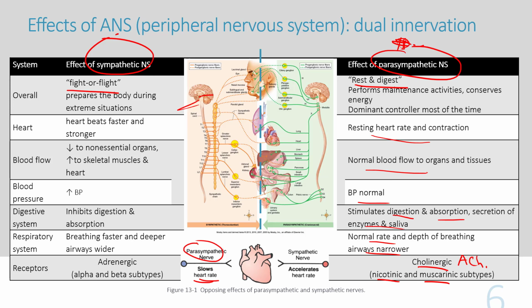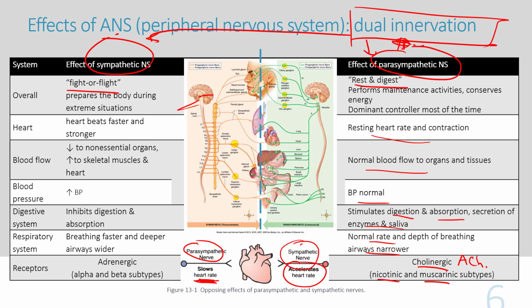The heart is one of the many organs in the body that have what's called dual innervation, which means it has inputs from both the parasympathetic as well as the sympathetic nervous system. So again, parasympathetic nervous system, normal resting heart rate, and when you need to run away from the bear or what have you, the sympathetic nervous system kicks in and it speeds up heart rate.